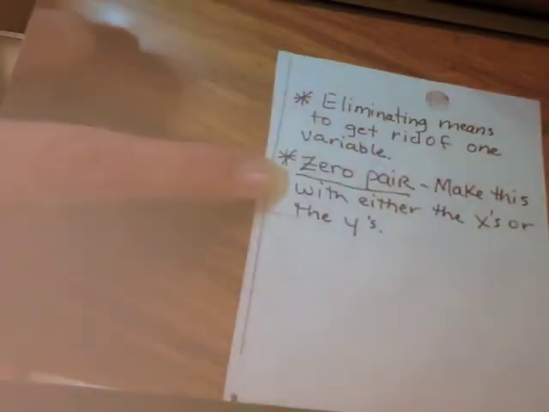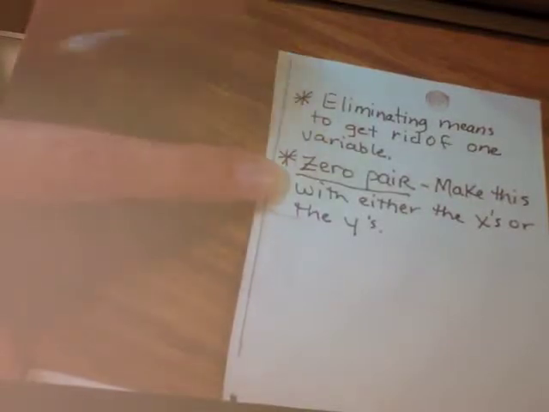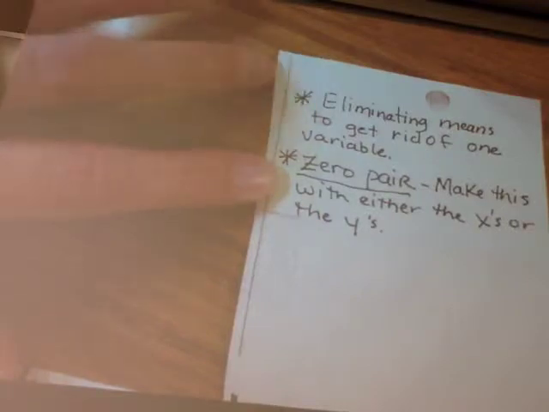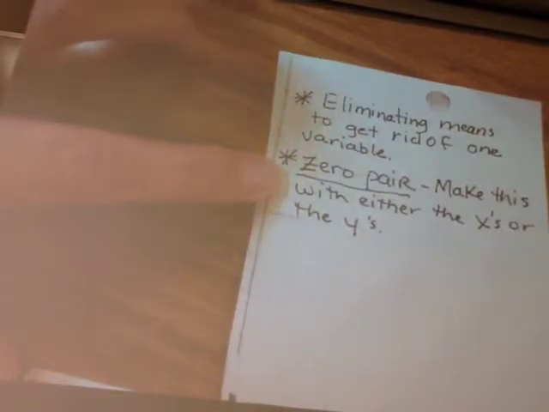That's what we're looking to do, and then we're going to add. When we add up zero pairs, they get rid of each other. Zero pairs make zero, and that's how you eliminate one of your variables.